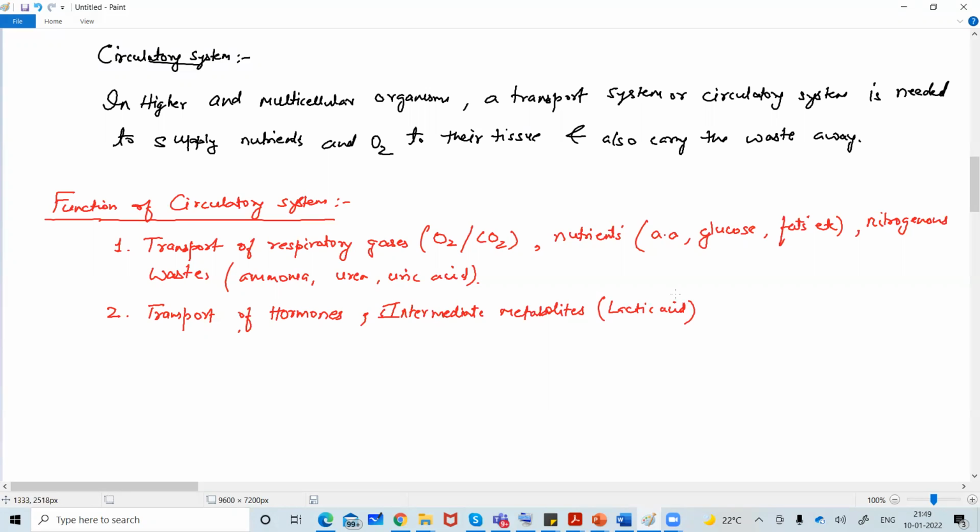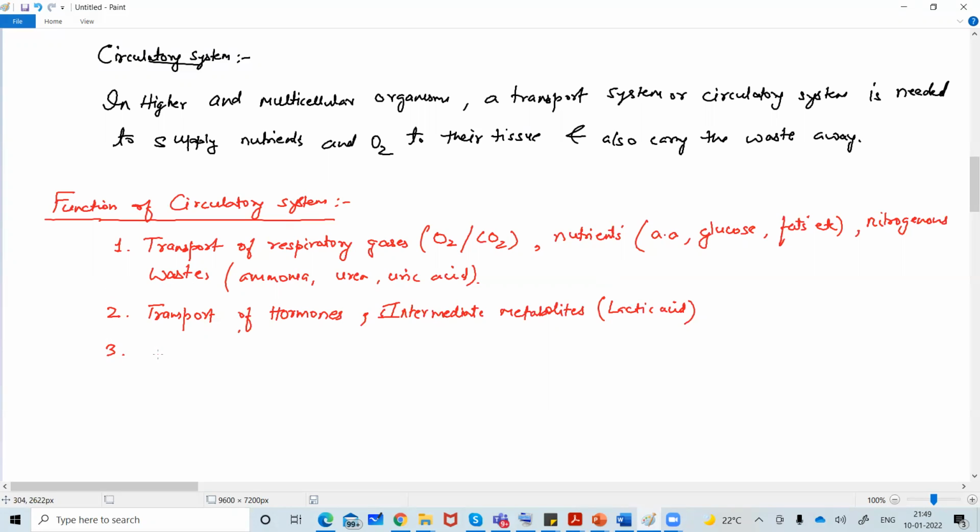In the process of respiration, glucose is converted into pyruvate, and then pyruvate is converted into lactic acid in case of anaerobic respiration. So lactic acid is an intermediate. It can be converted back into glucose, and then once oxygen is there, it will go into complete oxidation and energy will be released.